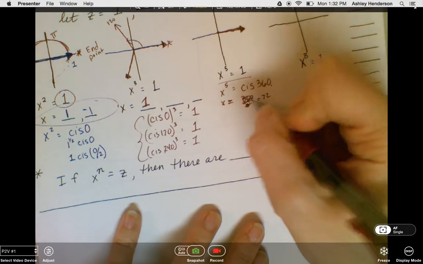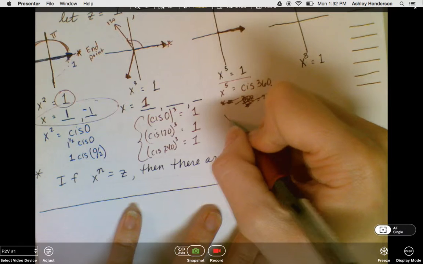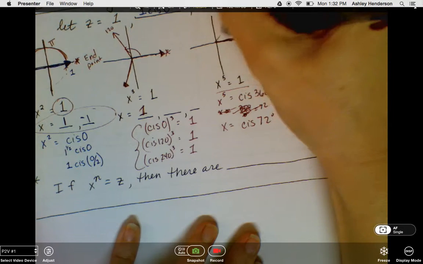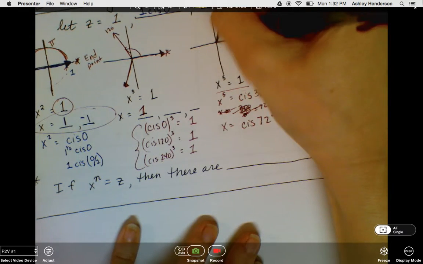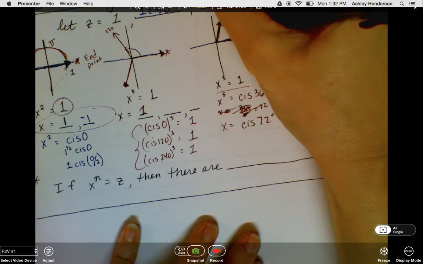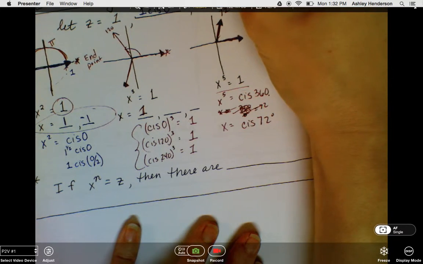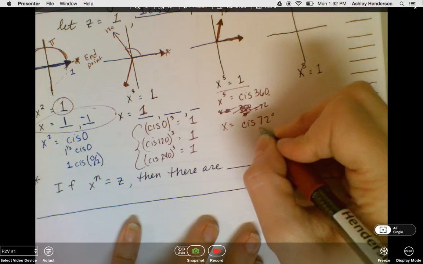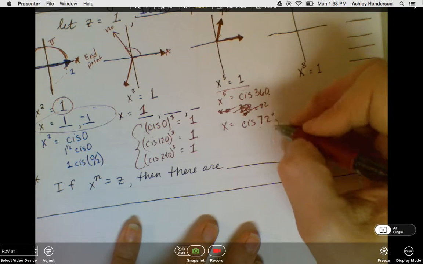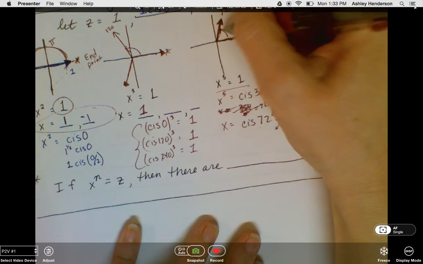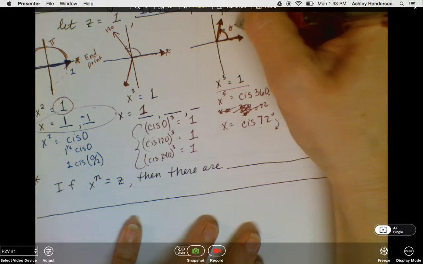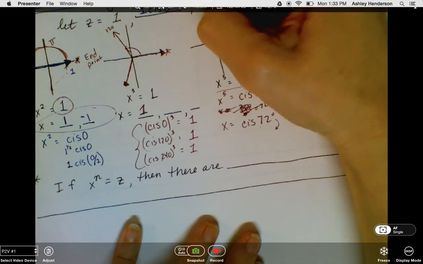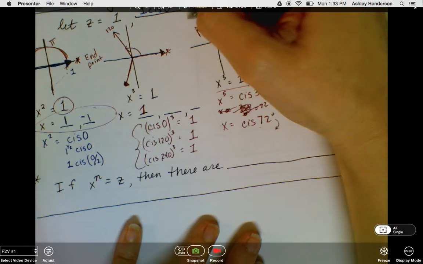So the first answer is going to be 72 degrees. Okay. Our next answer needs to be 72 degrees further. So each one of our breaks here needs to be a turn of 72. So the next one would be at, let's say, here at 144.